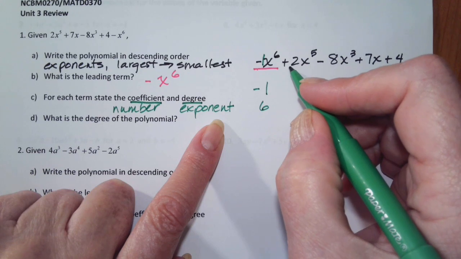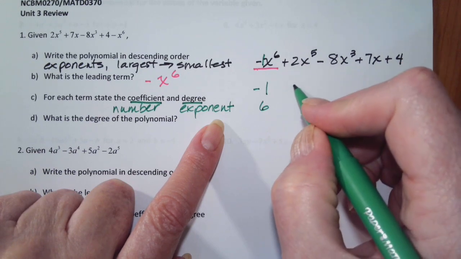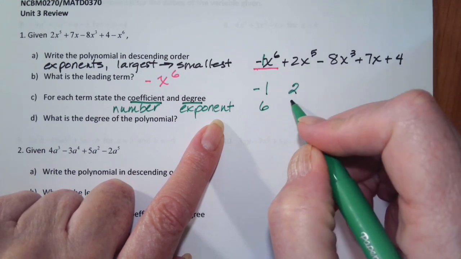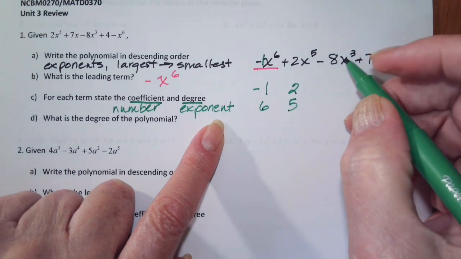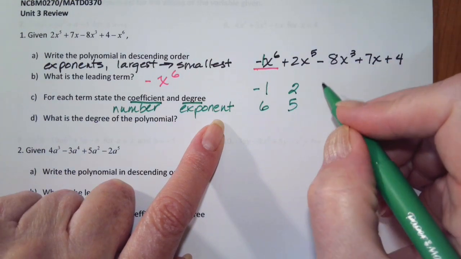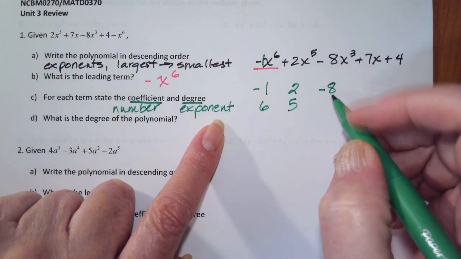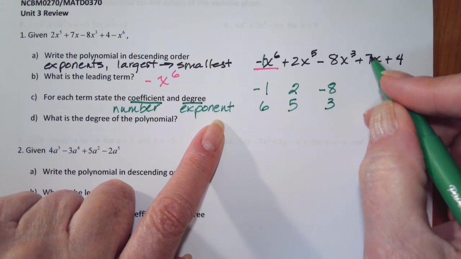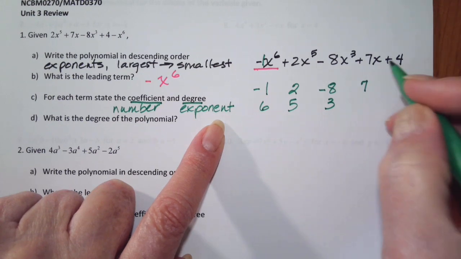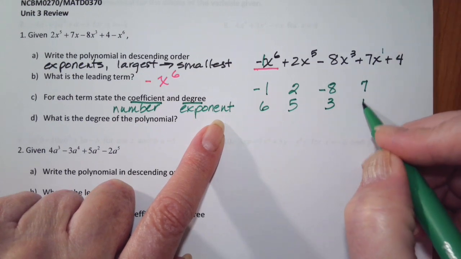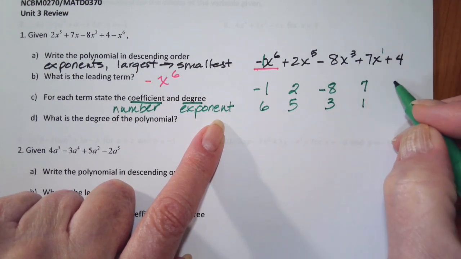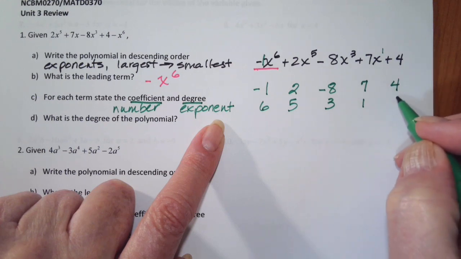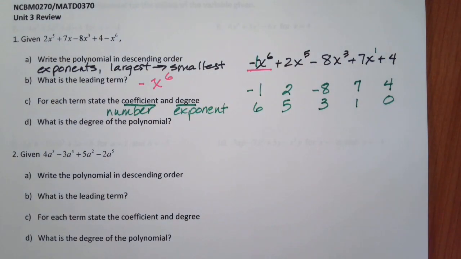For our next term, the coefficient is 2 and the degree is 5. For the third term, the coefficient is negative 8 and the degree is 3. Here the coefficient is 7, the exponent is 1, and here the coefficient is 4 and the degree is 0.